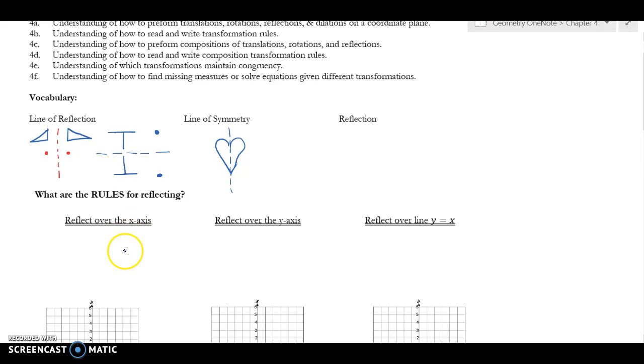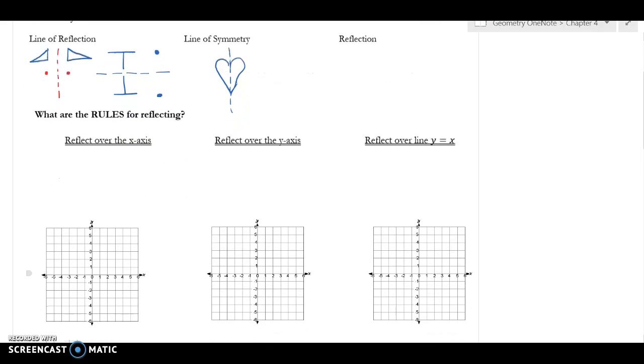If you reflect over the x-axis, let's see what happens. So I'm going to graph a couple points. A is at 1, 3. B is at -2, -1. Okay, so let's see what happens.